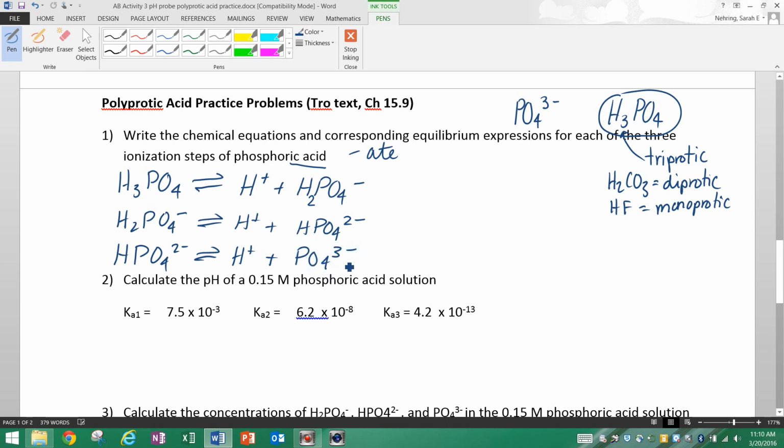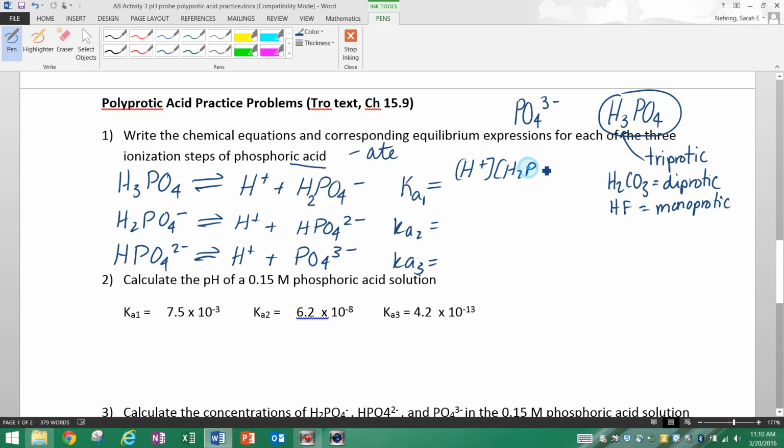the end. Okay, and each of these reactions are equilibrium reactions, and they each have their own K expressions. And since they're all Ka values, so they're all related to an acid, and they're all related to the same acid, we call them Ka1, Ka2, and Ka3. Okay, and the way we write a K expression is the same as always.